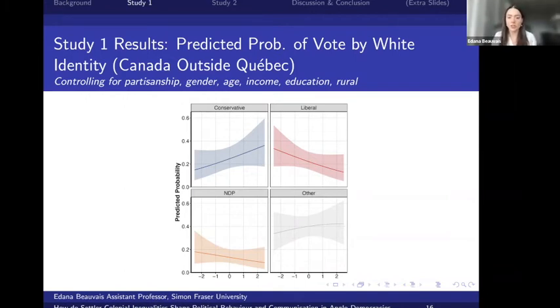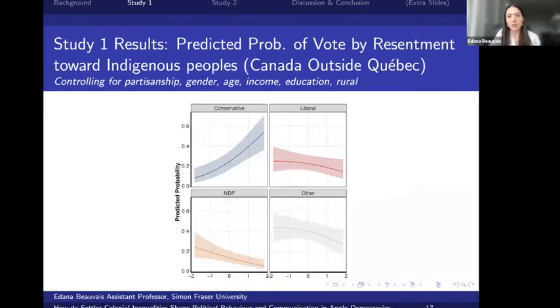By contrast, if we were to still look at Canada outside of Quebec, but look at the predicted probability of voting by Indigenous resentment, oops, I went too far, there it is. So across this x-axis, this is showing the distribution of resentment towards Indigenous peoples. And again, 0 doesn't mean no Indigenous resentment. 0 means the average level of resentment towards Indigenous people among settlers for the sample.